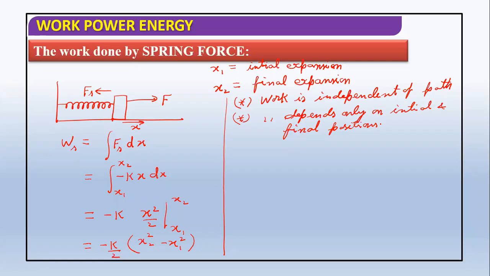Now the next thing we can see is that we have x square here. So whether you take x as negative or positive, that is not going to affect the result. We have considered expansion. If you compress it, x1 and x2 will become negative. So the work done is independent of whether it is expansion or compression. In both cases we have to find the work done.